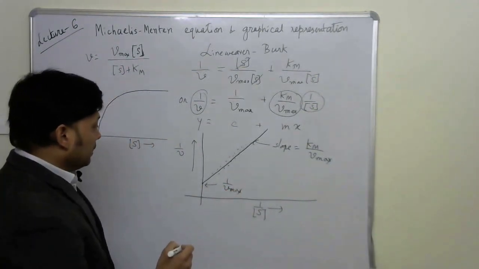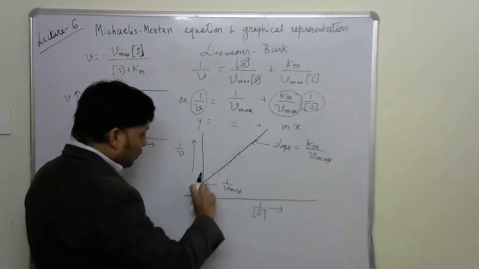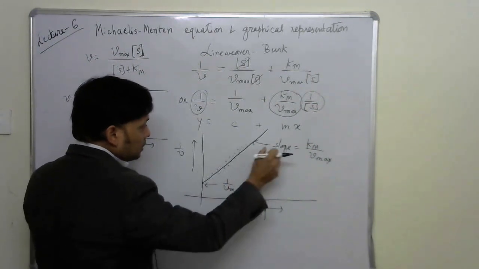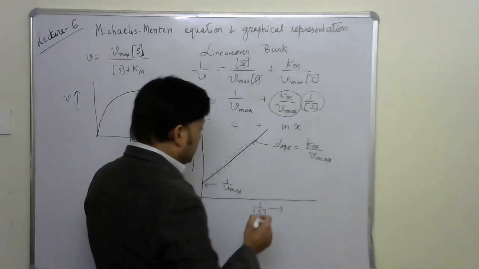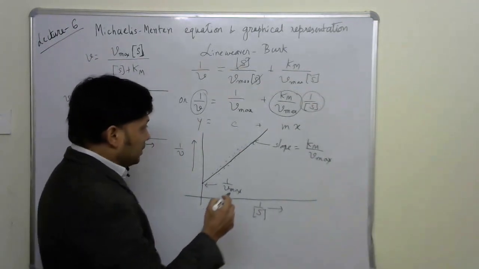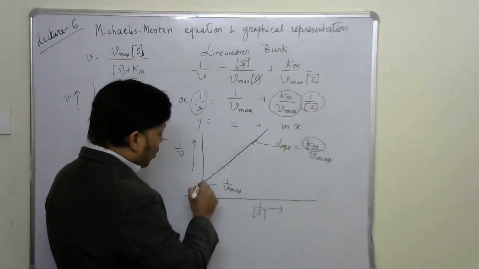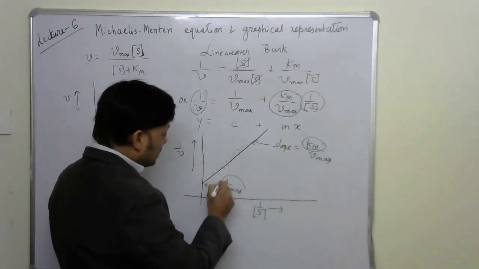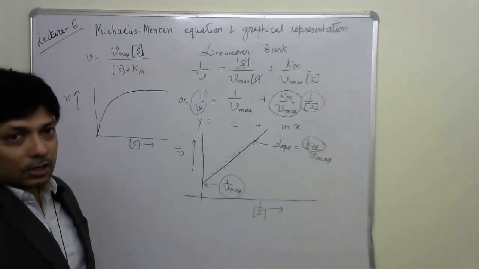So from the graph plot, if we can calculate the intercept on the y-axis and the slope as well, from that we can easily calculate two things. Of course, we can calculate Km, and if we take the inverse of the intercept on the y-axis, we get the Vmax.